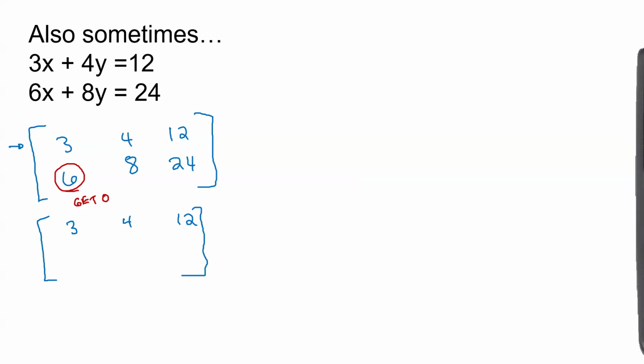Here, I could let the new values in B be equal to B minus 2A. I've got a 6 here. 6 minus 2 times 3. 6 minus 6 would give me a 0. That looks good. Here is an 8 minus 2 times 4. That one's 0. Here is a 24 minus 2 times 12.